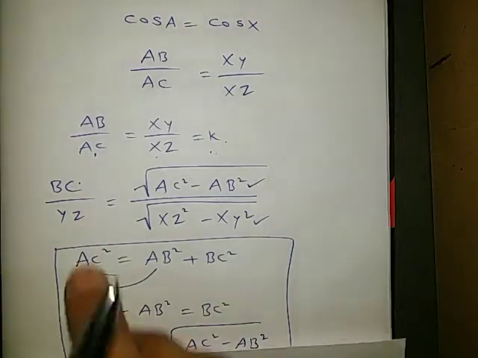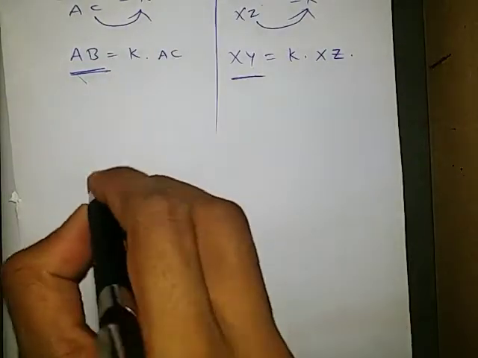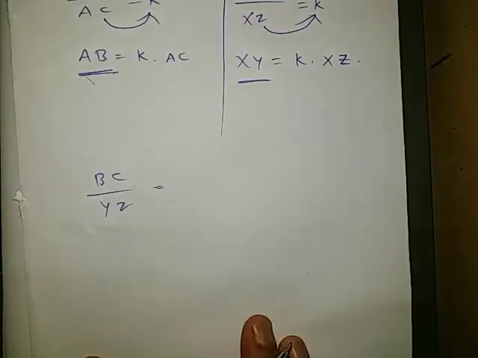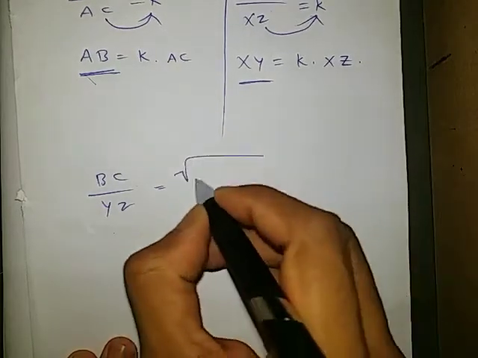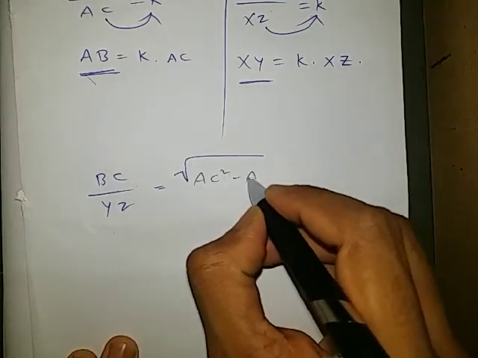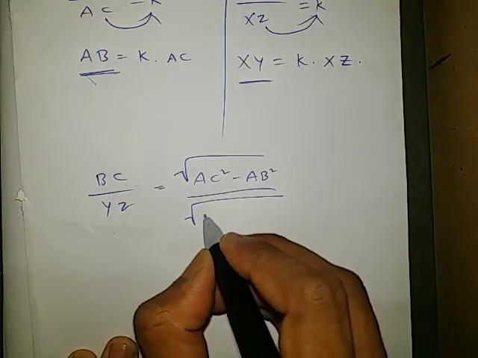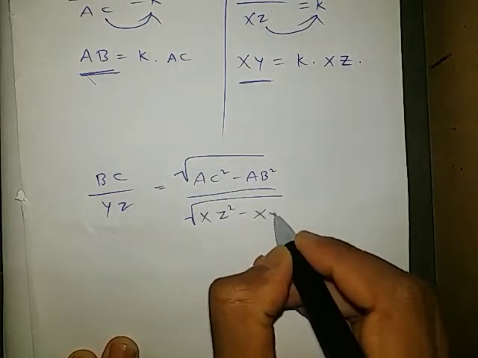So BC by YZ is equal to under root AC square minus AB square, whole divided by under root XZ square minus XY square.